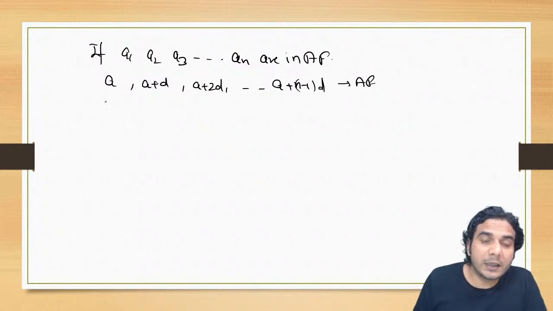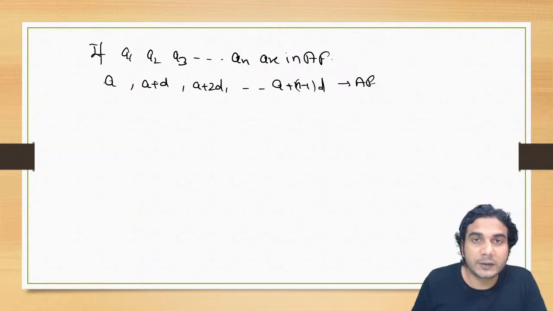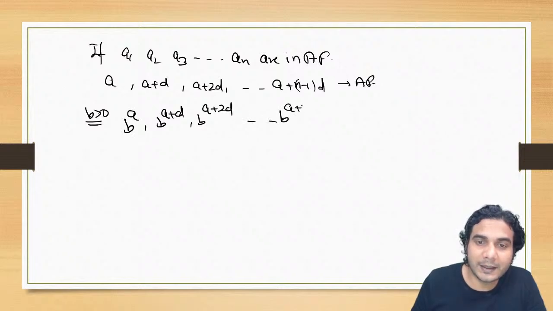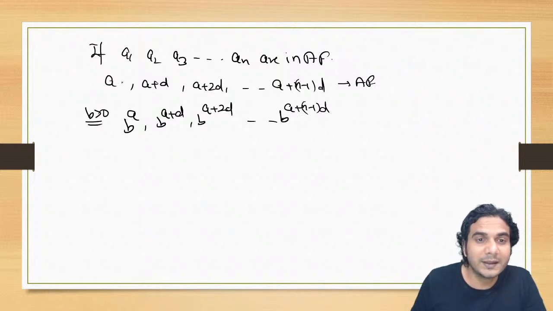Then if you put these numbers on the power of some constant, so let's say B is a positive number, then B raised to A, B raised to A plus D, B raised to A plus 2D, and so on, B raised to A plus N minus 1 into D. So if you are putting these numbers which are in AP on the power of some positive constant B, the new sequence formed is GP.